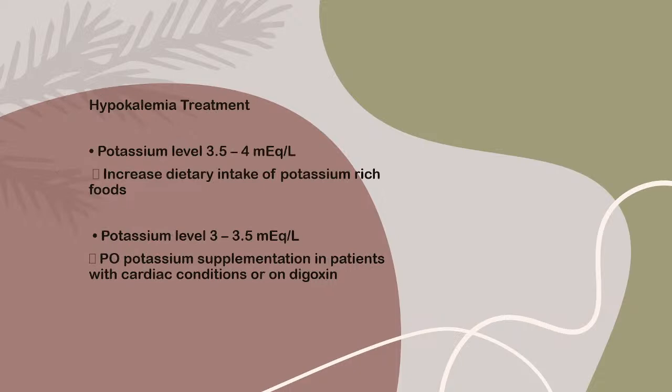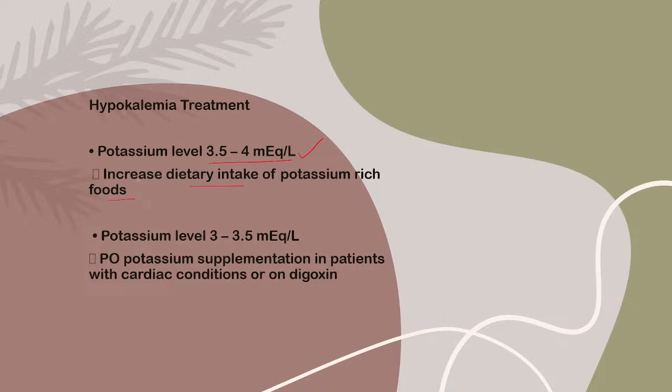Then we will discuss the treatment of hypokalemia. If the potassium level is between 3.5 to 4, we will increase dietary intake of potassium-rich food.